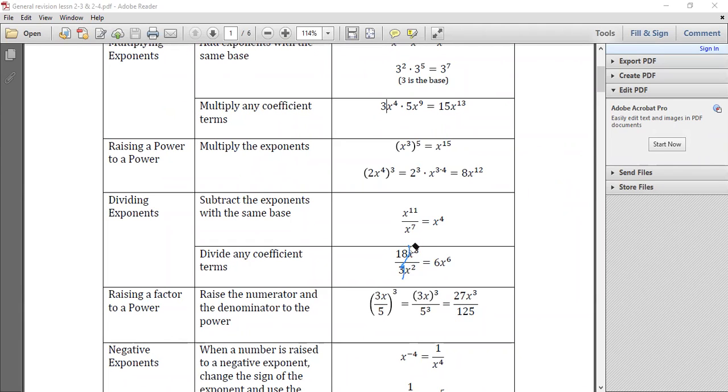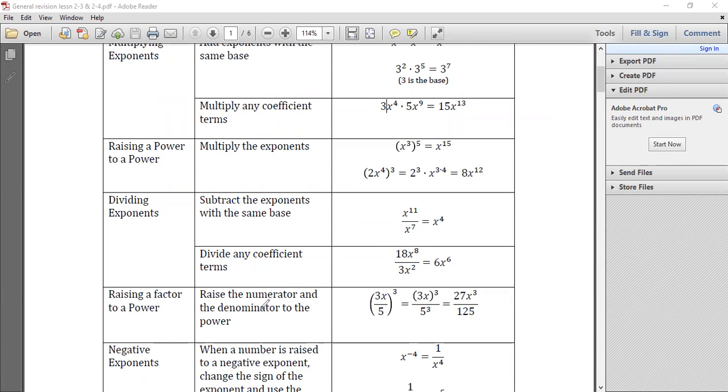We start by dividing the coefficients, 18 divided by 3, which equals 6. And then you subtract the exponents, 8 minus 2. The answer will be 6x to the power of 6. Any question about this? No. Let's move to the next part.